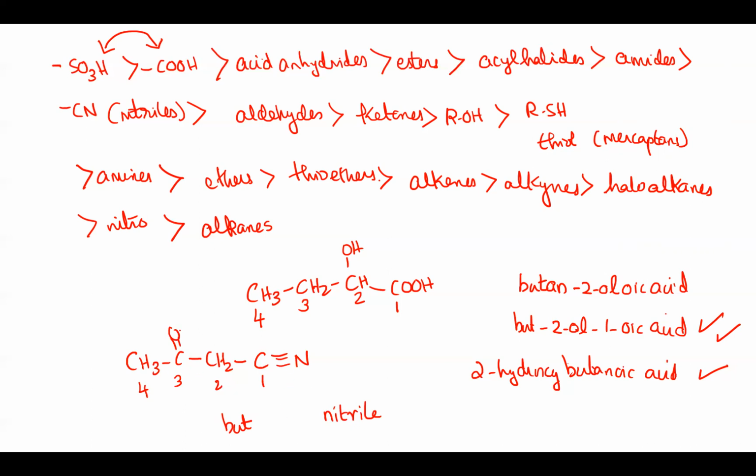But there is a ketonic group in the third position. So we have to write it as oxo. But-3-oxonitrile. This is the IUPAC naming for oxo when we use that as a prefix for a less important functional group.